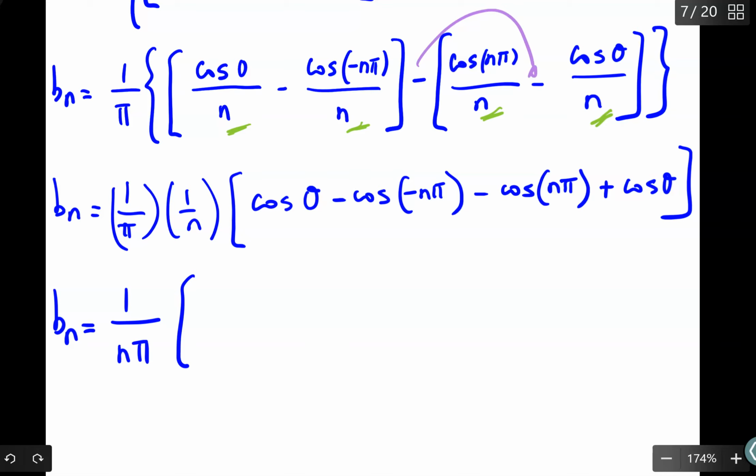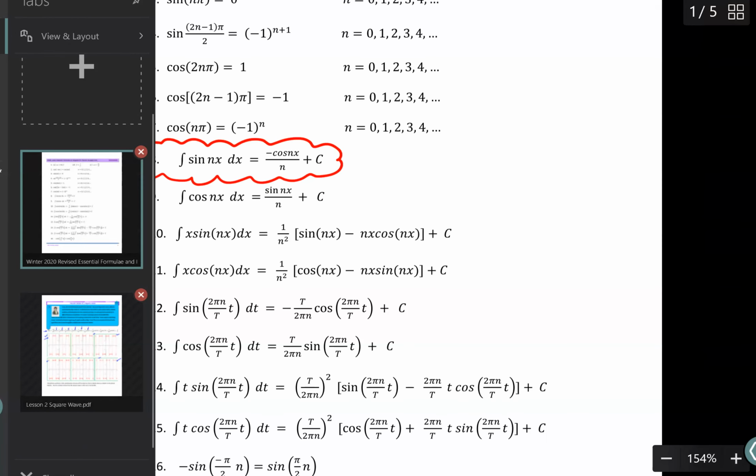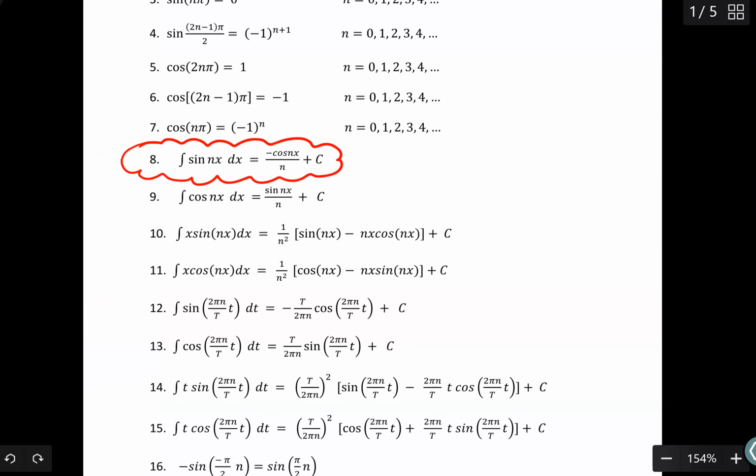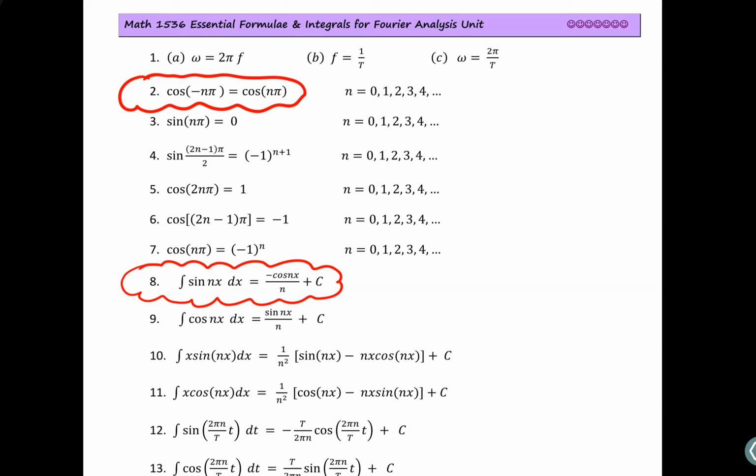Okay, so cos of 0 is equal to 1. What about cos of negative n times pi? How do we figure that out? I would like you to turn to our formula page, and take a look at number 2 on here. It says cos of negative n pi will be equal to cos of n pi.